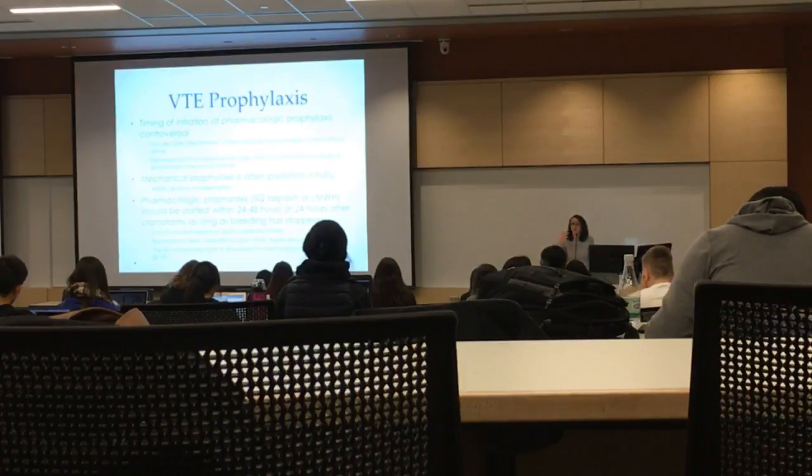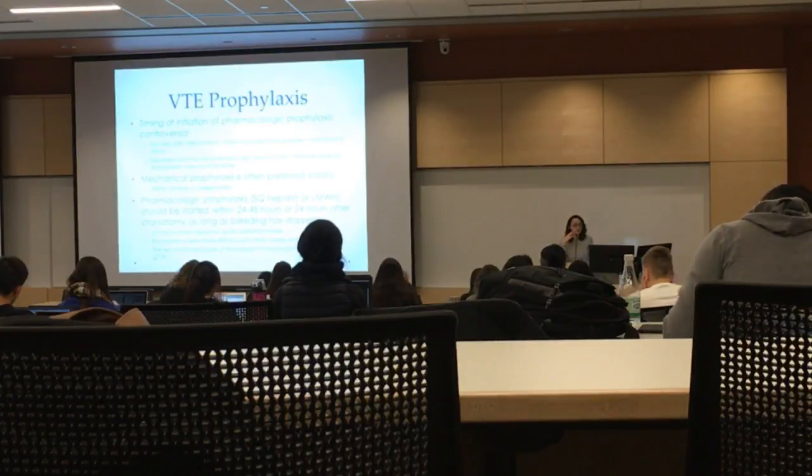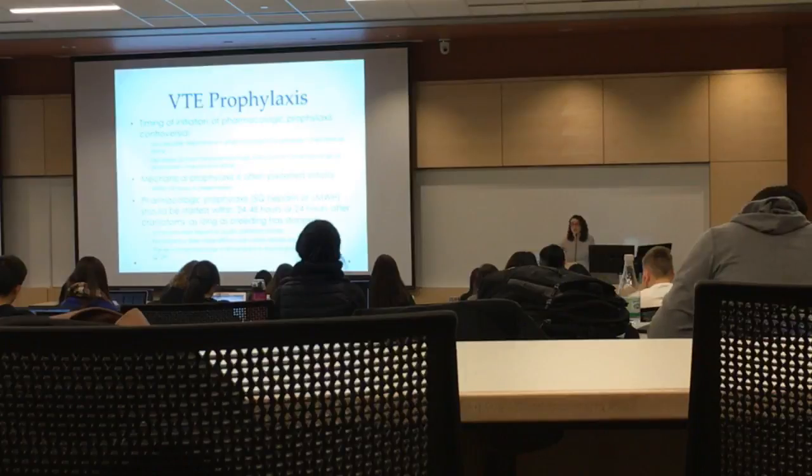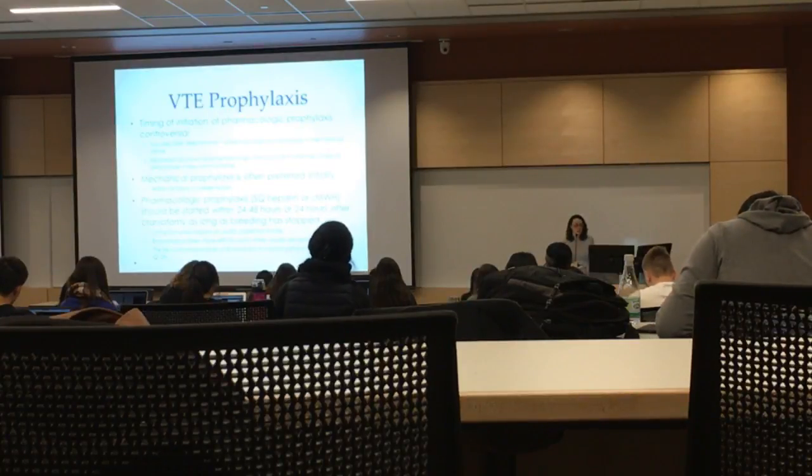So we want to wait a full 24 hours after the patient has undergone surgery. Usually the unfractionated heparin is going to be our preferred initial choice. We can use enoxaparin as well, so it's likely more efficacious if we have other injuries present. So if a patient comes in and they have multiple injuries throughout the body, then enoxaparin is probably going to be a preferred agent. But if it's localized just as a TBI only, then unfractionated heparin is the drug of choice.